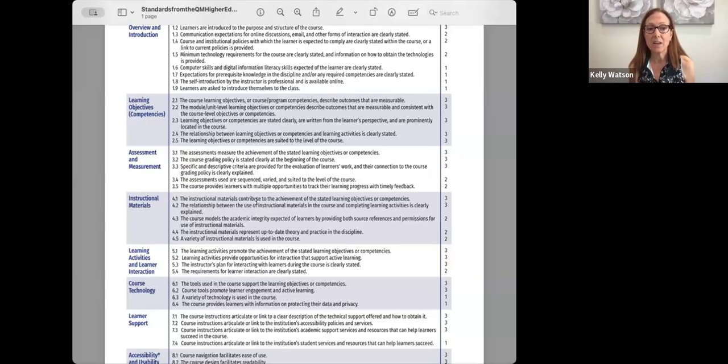So for me, the learning activities are what we center everything around. That's sort of the next piece: how are we going to facilitate the learning? And what we know about adult learners is that they really need to be hands-on. And then that dictates what instructional materials are going to need to be used.